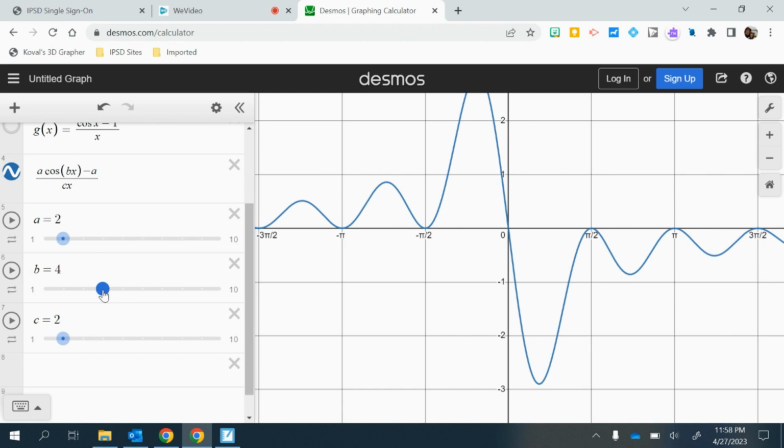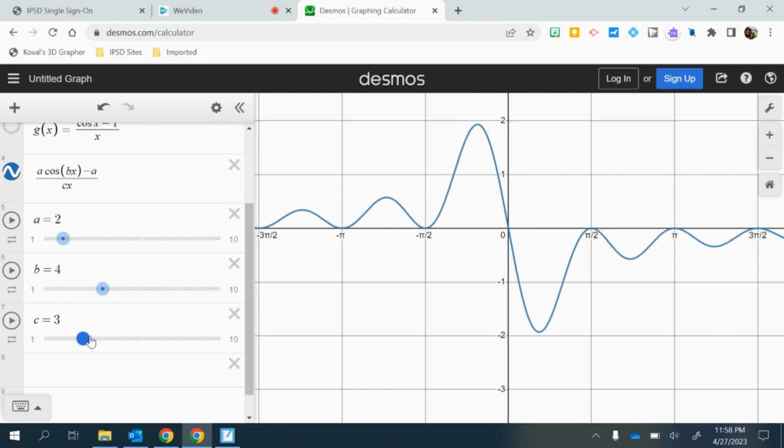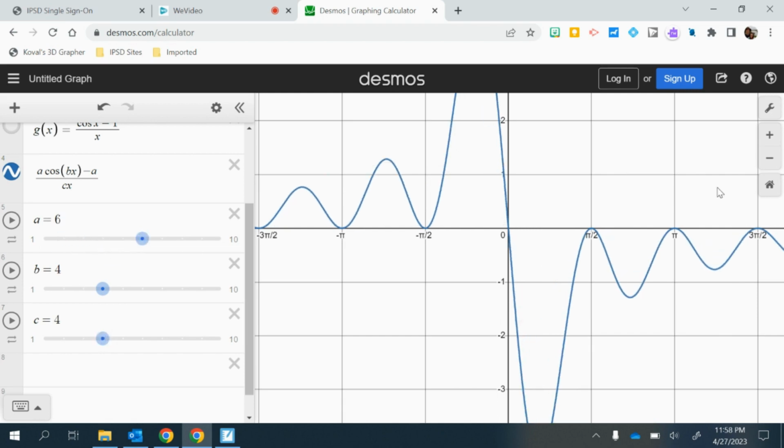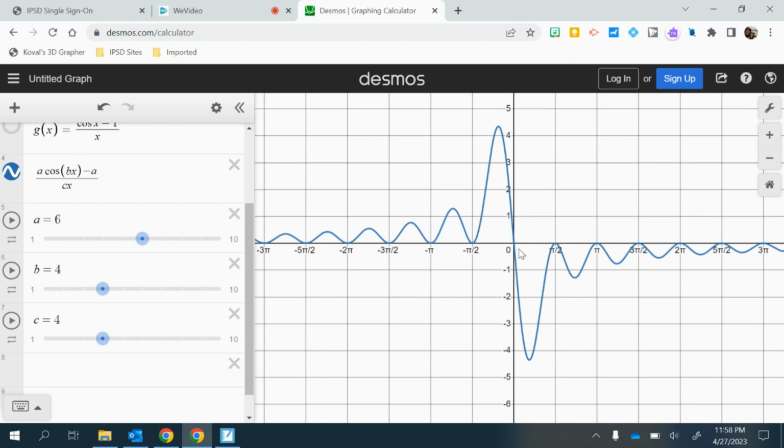The angle stuff makes it repeat faster, but it doesn't appear to have any effect on where it's going to hit at x equals 0.